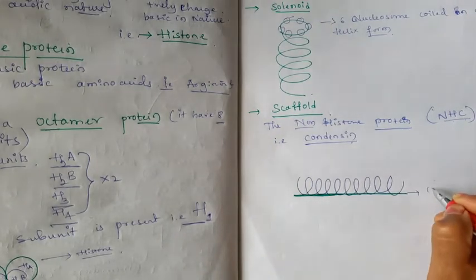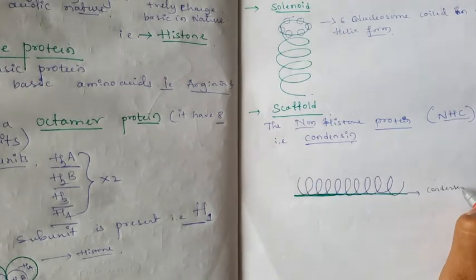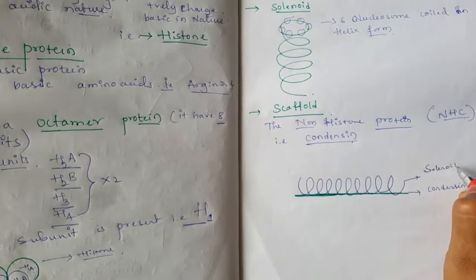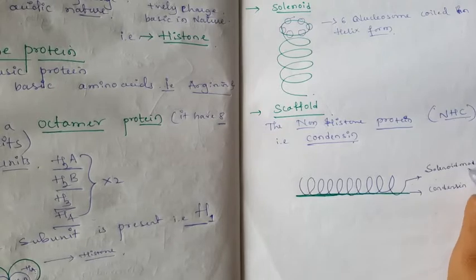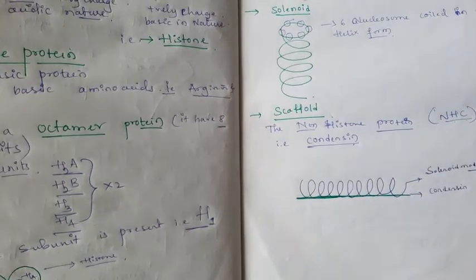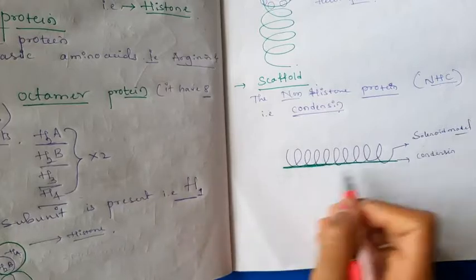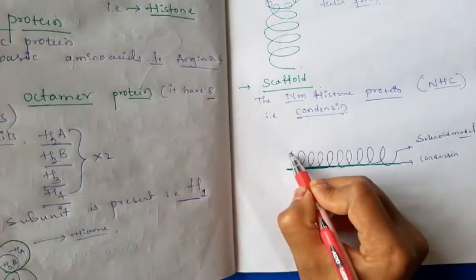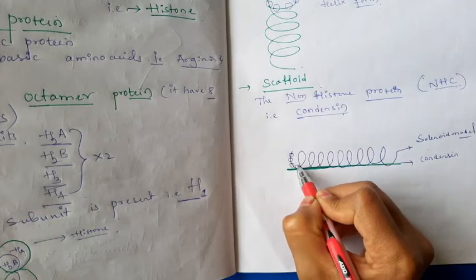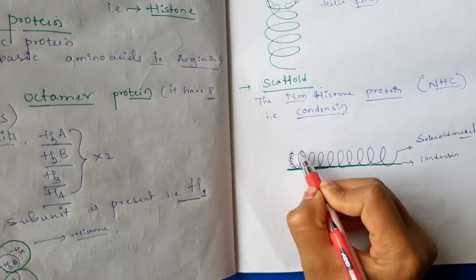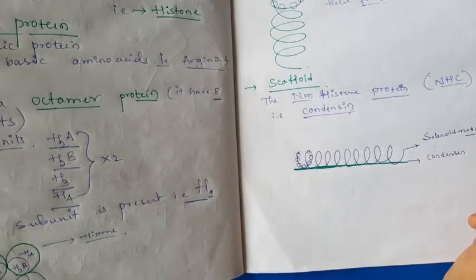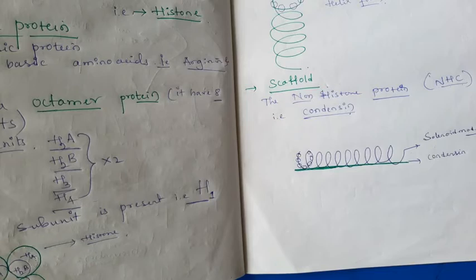This is a condensin, this is a solenoid model of DNA. You can guess here 6 nucleosomes are present. They coil around itself to form a helical structure.